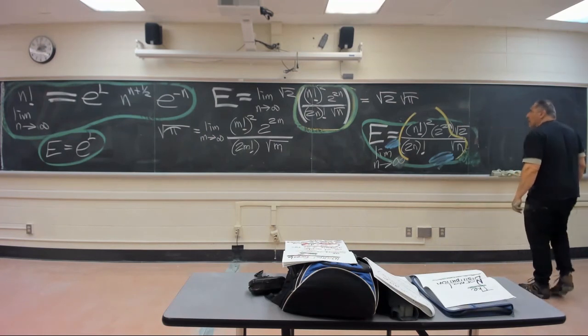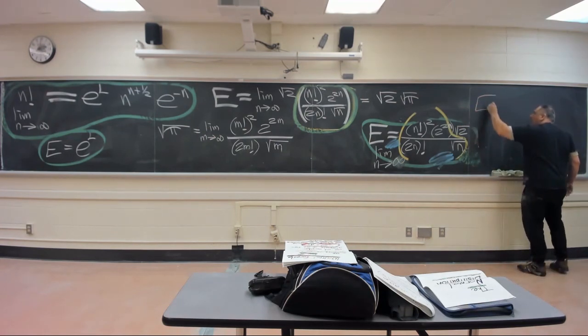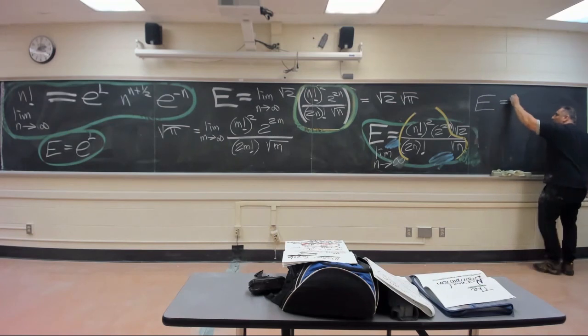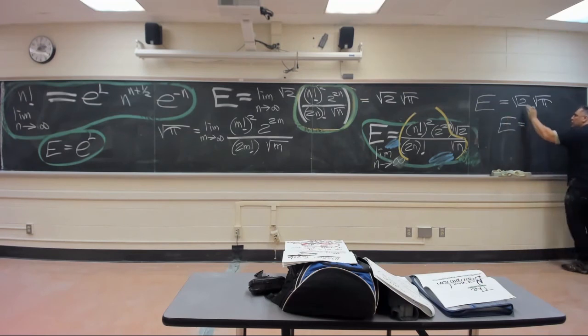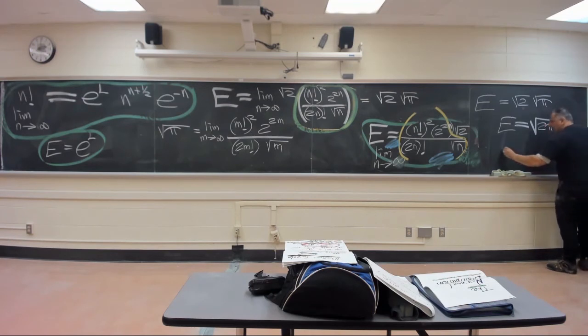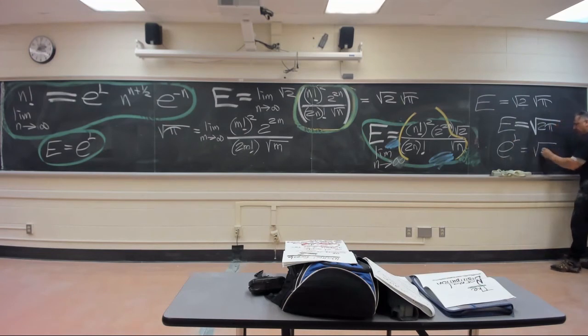Jackpot. Square root of 2 times the square root of pi is the square root of the product 2 pi. E to the capital L is the square root of 2 pi.